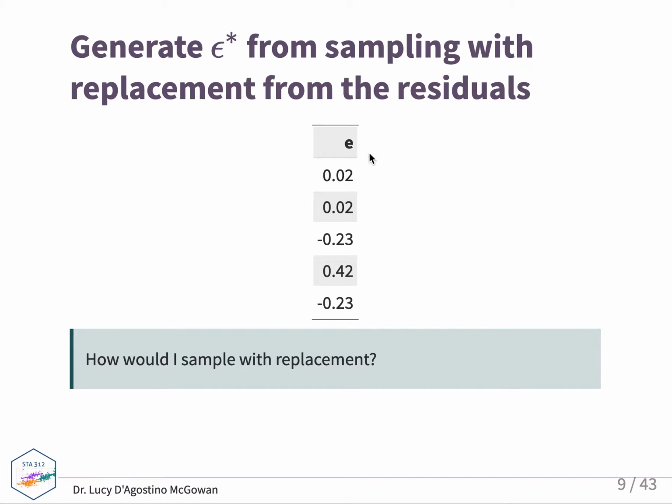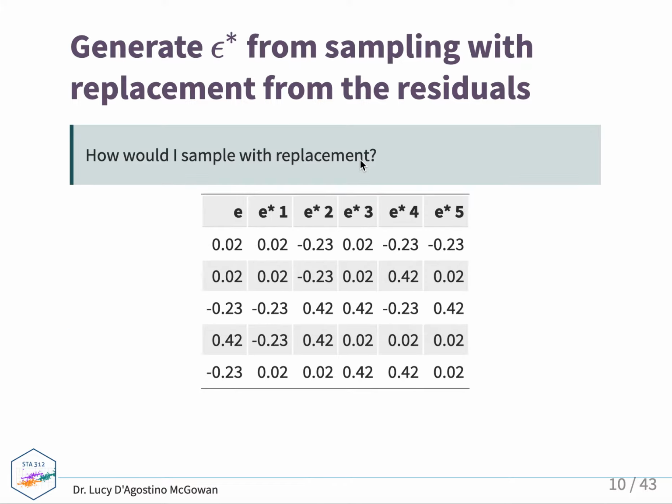So if you could imagine these 5 residuals all being in a hat, and I yank one out at a time, and I write down what I pulled out, and then I put that residual back in, and then I pull another residual out, I write it down, and then I put that back in. And often you do that the same number of times as observations that you have. So you'll often do that 5 times in this case.